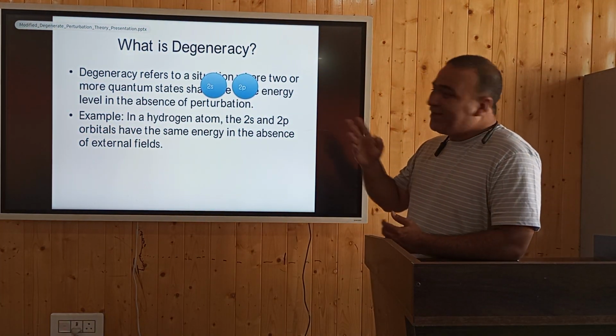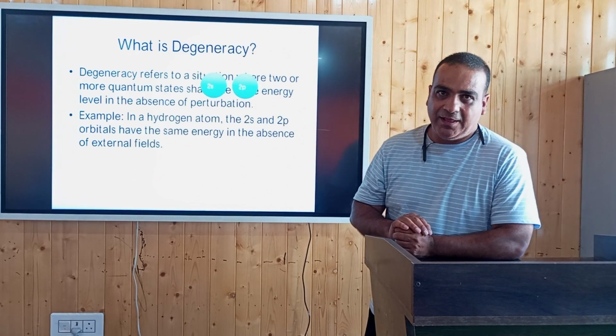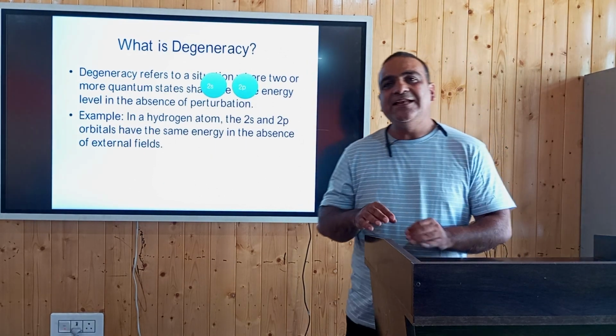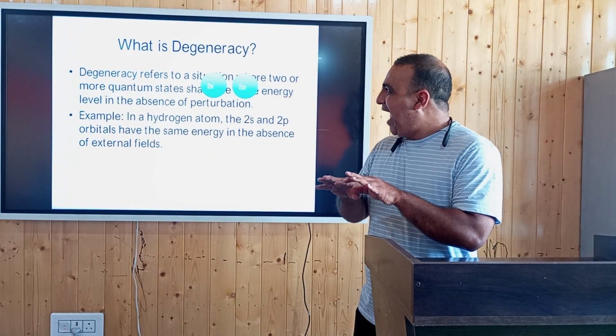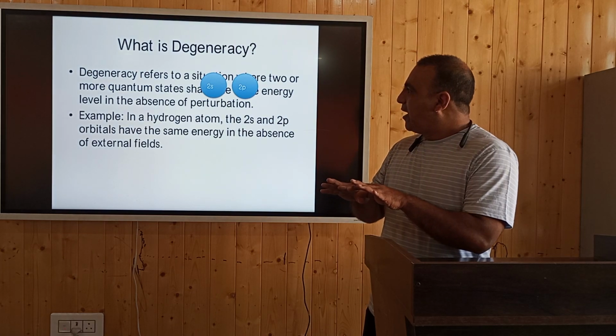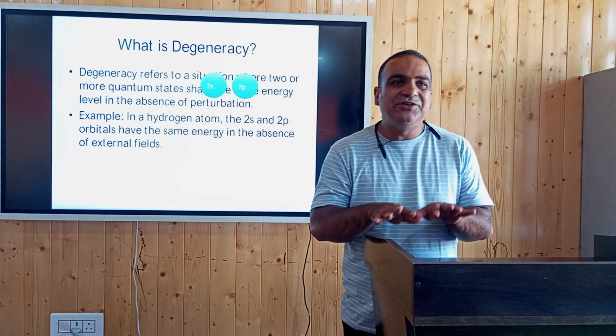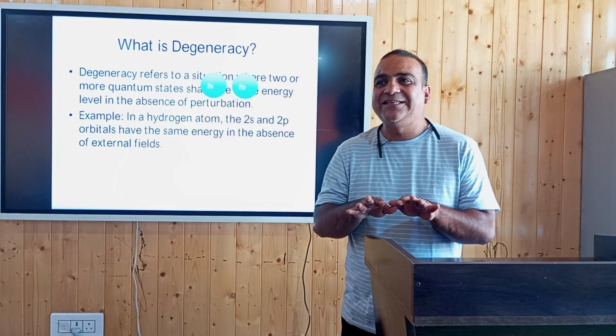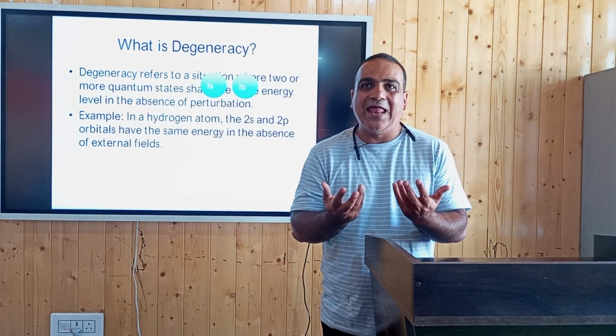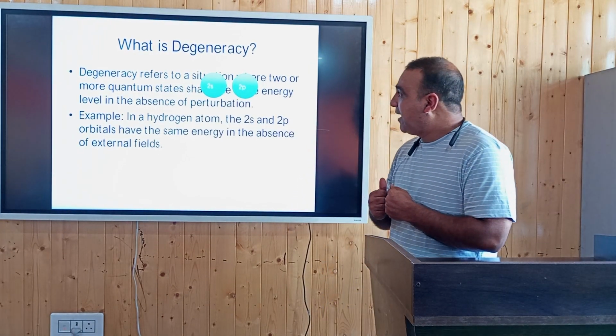Now the point is, what is degeneracy? Degeneracy means you have more than one quantum state in which the energy of the particle is the same. This is what we call degeneracy.